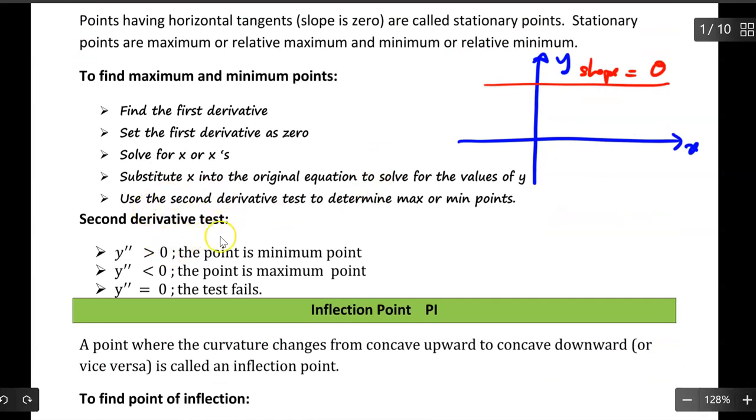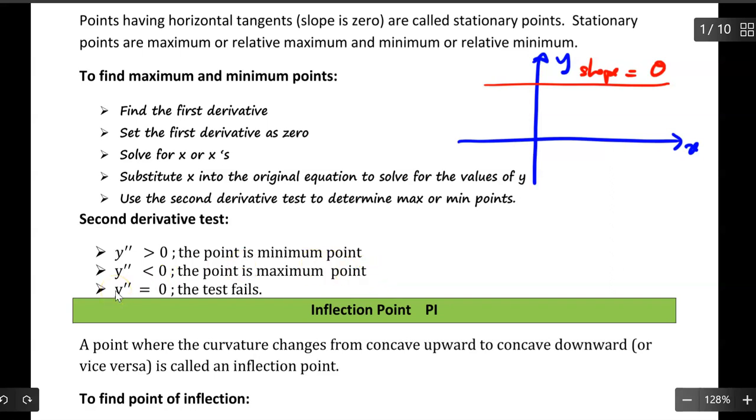Using the second derivative test, if your y double prime is greater than 0, then the point is a minimum point. So you find the second derivative, you substitute x into that equation, and if it's greater than 0, you have a minimum point. If the second derivative is less than 0, then you have a maximum point.